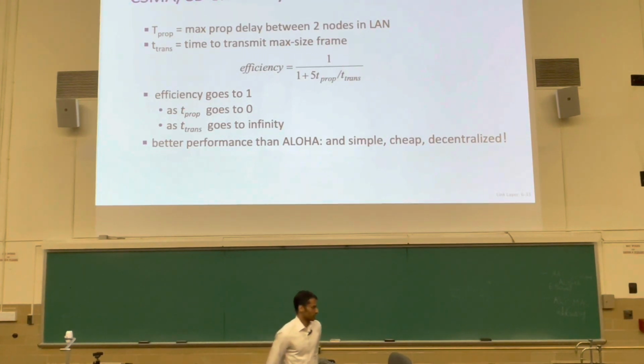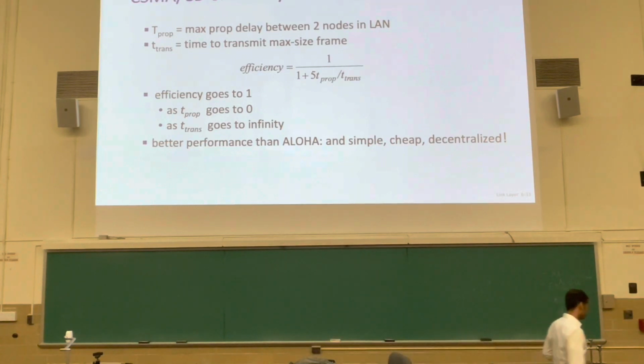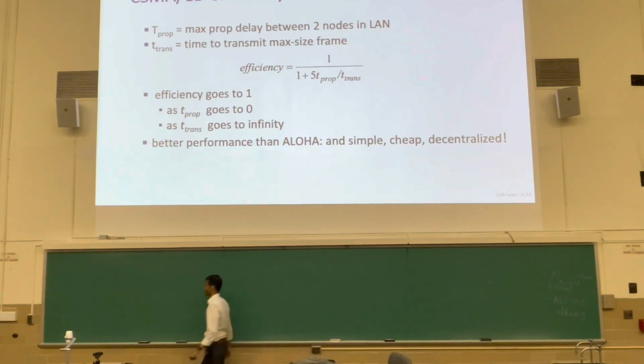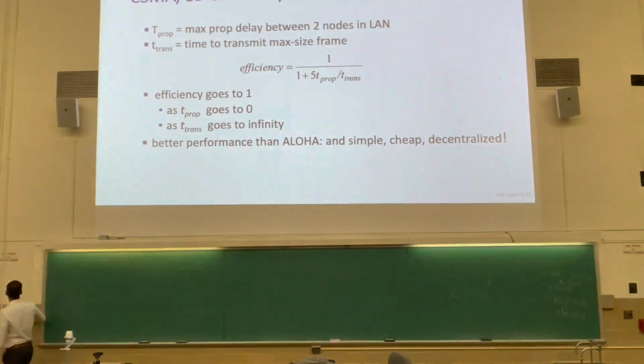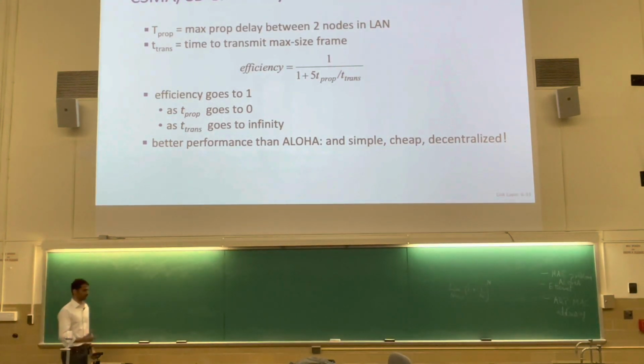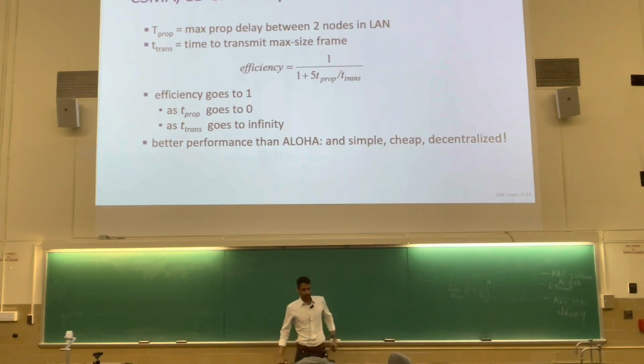So let's do some sanity checks on this expression. Intuitively, if two nodes are very far apart on a satellite net channel, so long propagation delay, do you think the likelihood of collision is higher or lower?